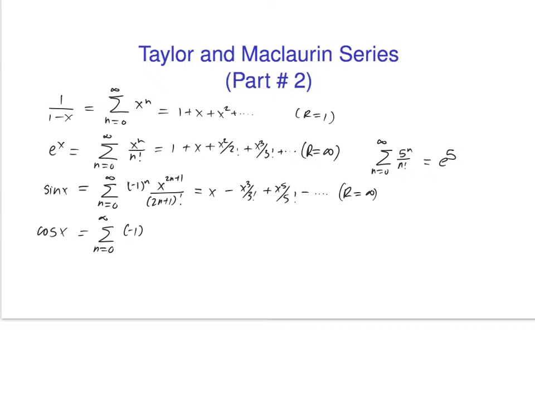It's still negative 1 to the n, but it's x to the 2n over 2n factorial, which would be 1 minus x squared over 2 plus x to the 4th over 4 factorial, etc. Oh, that should be a minus there, sorry. Its r is also infinity.